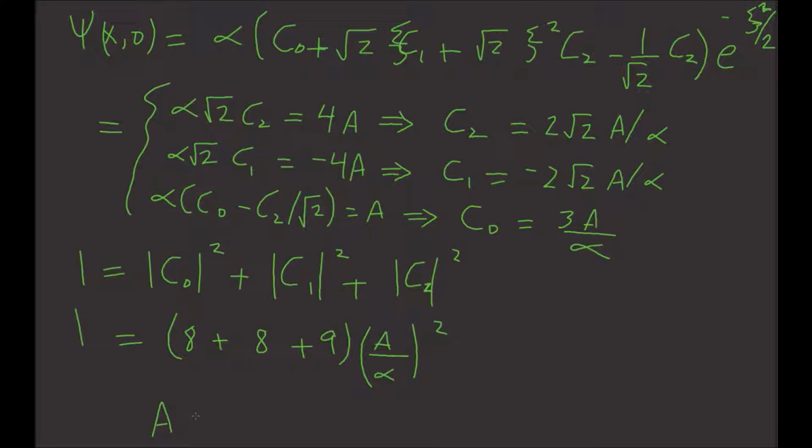Solving for A in terms of alpha, we get A equal to alpha divided by 5.